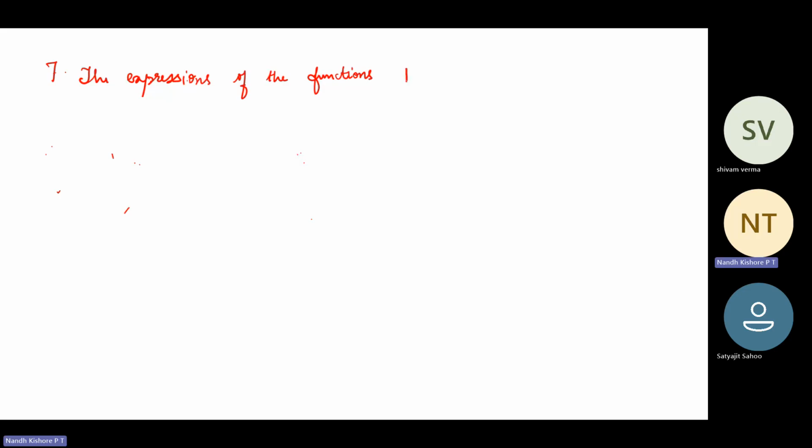Of the functions P1 and P2, the minimum number of literals are dash. My computer is hanging.